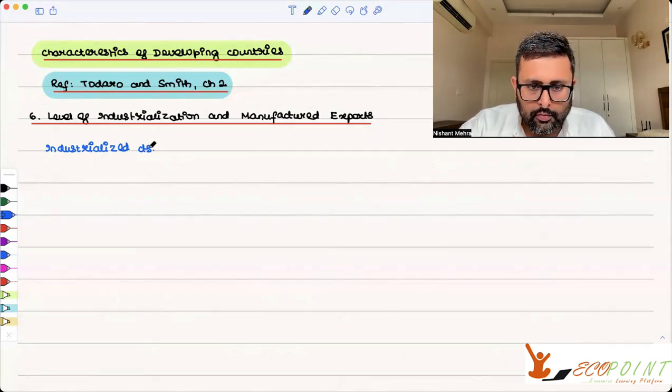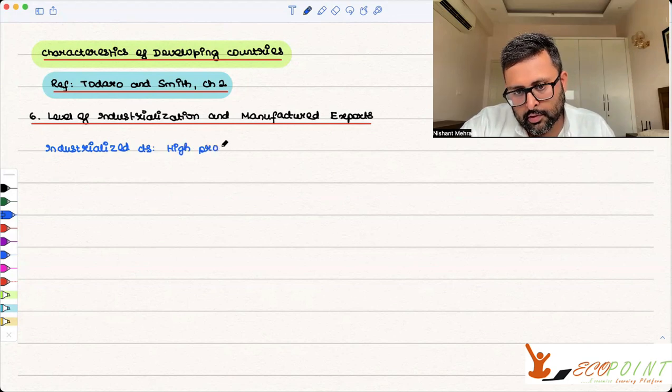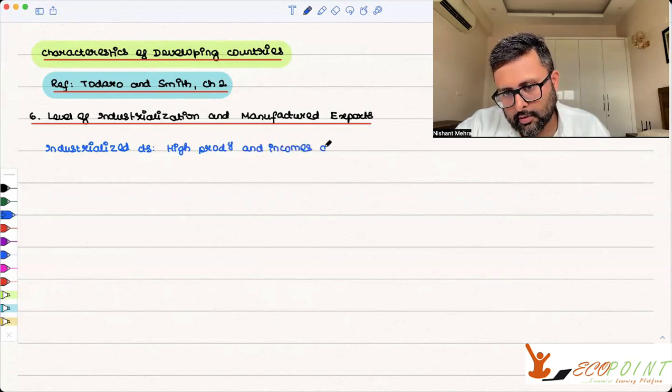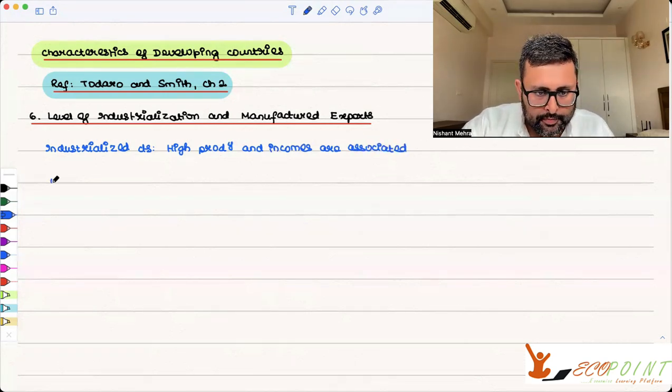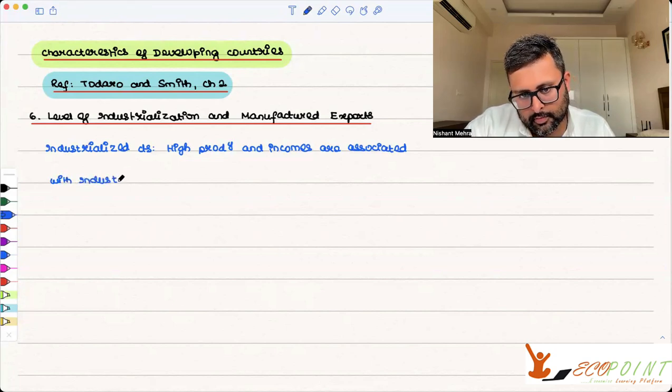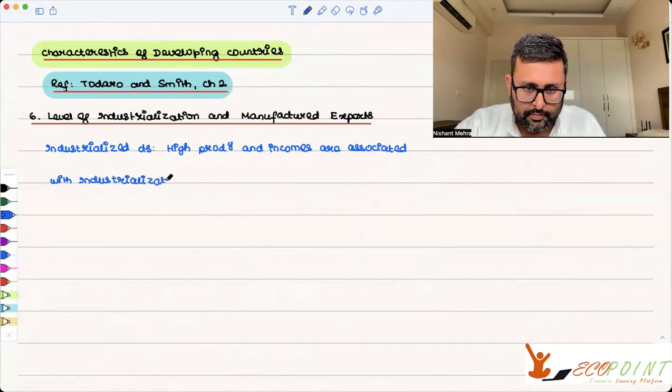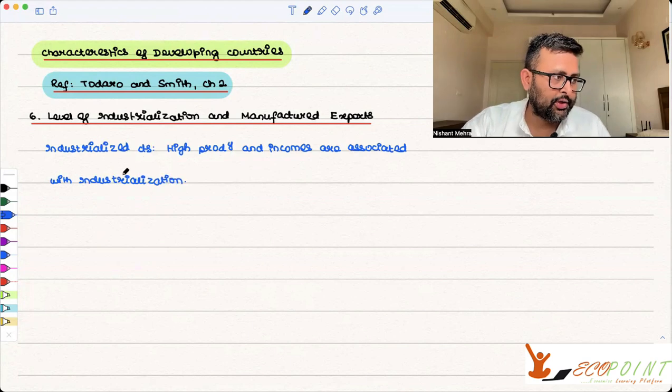So high productivity and incomes are associated with industrialization.